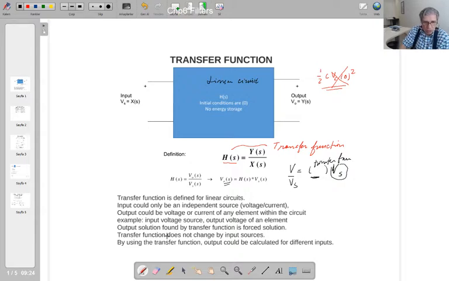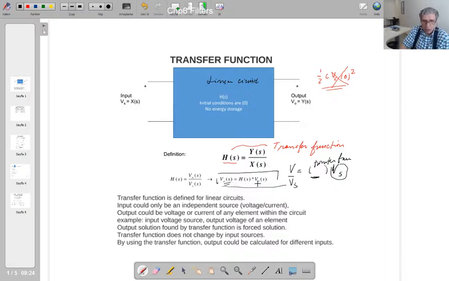So what is said here is true. By using the transfer function, the output function could be calculated for different inputs. But this is by definition, you could do that, isn't it? So if you change the x, that is how we write the output function in terms of the transfer function.